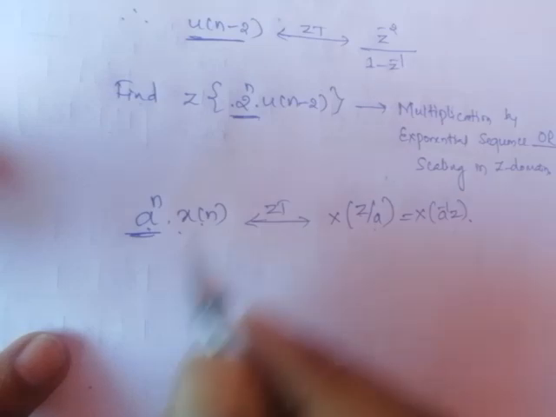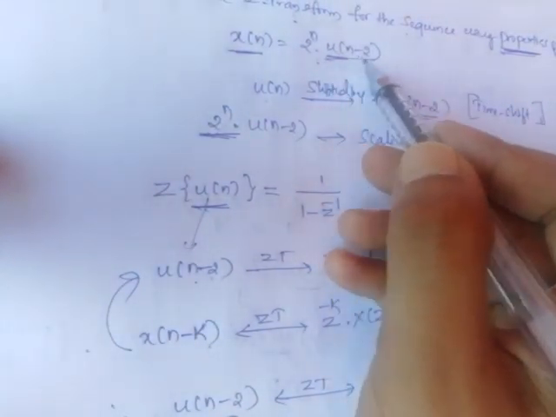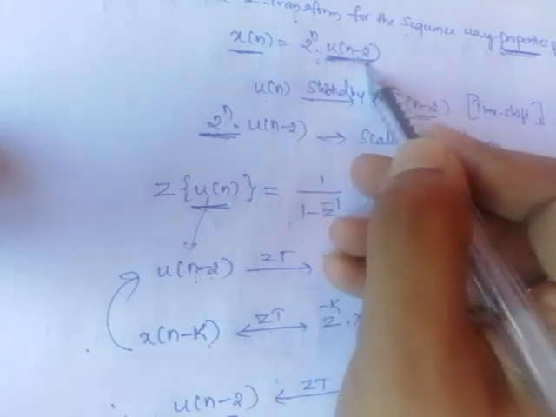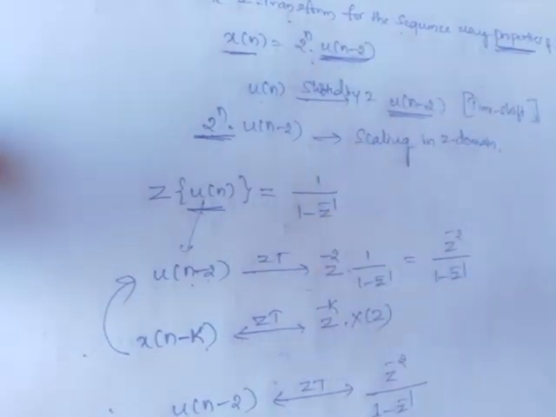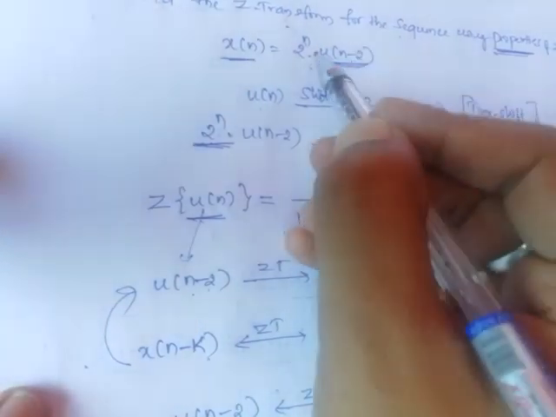In the given example, 2 to the power n u of n minus 2, the Z transform of u of n minus 2 is already calculated. For that, we use multiplication by an exponential sequence.